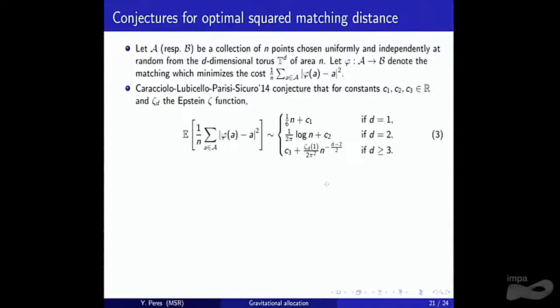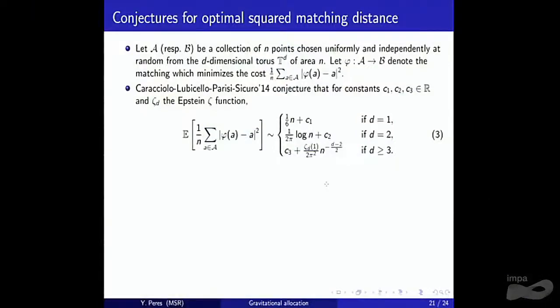There's been a parallel interesting development started by a work of Parisi and co-authors in 2014. They were interested in matchings also, but they were looking at the W2 distance as opposed to W1. So instead of average distance traveled, they look at the average of the square distance traveled.